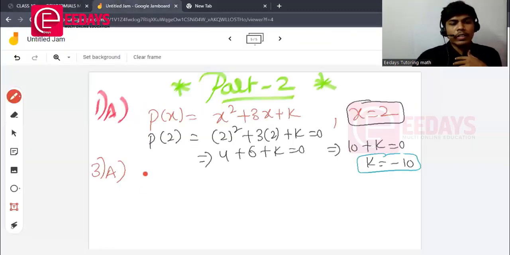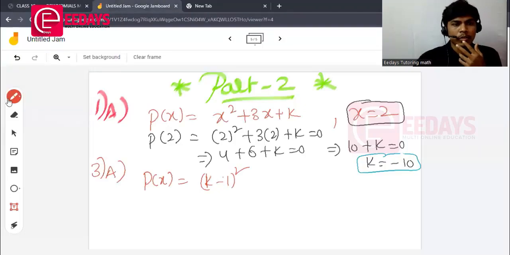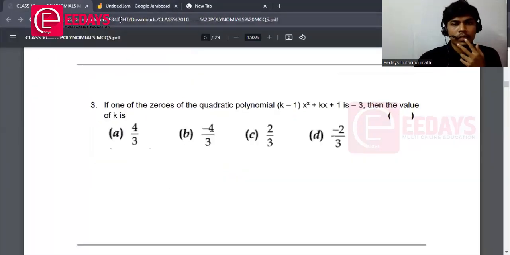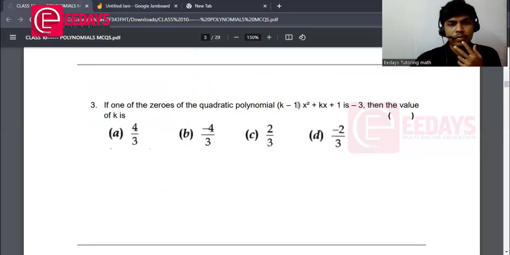Okay, so the polynomial equation p of x they gave is k minus 1 whole square, not k minus 1, I'm sorry, into x square plus kx plus 1. One of the zeros is already -3.